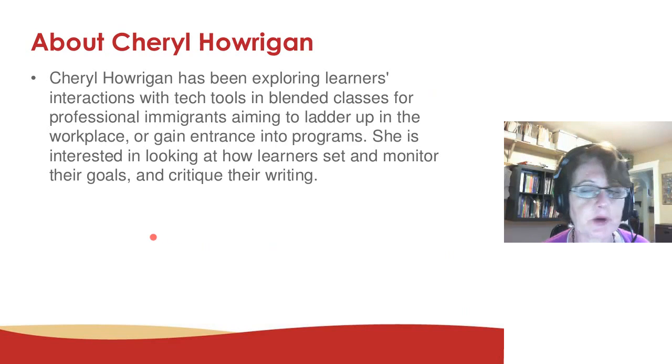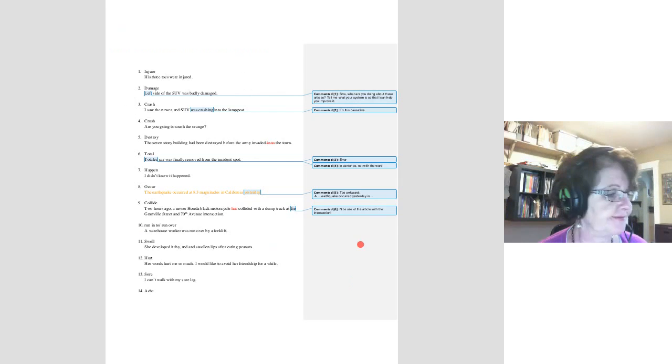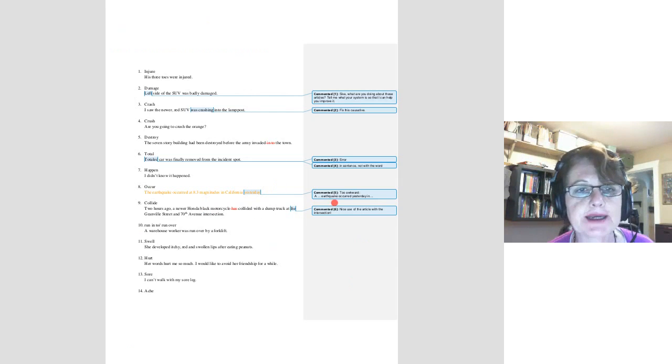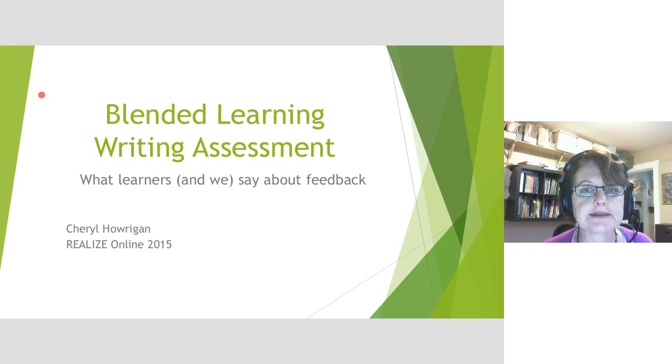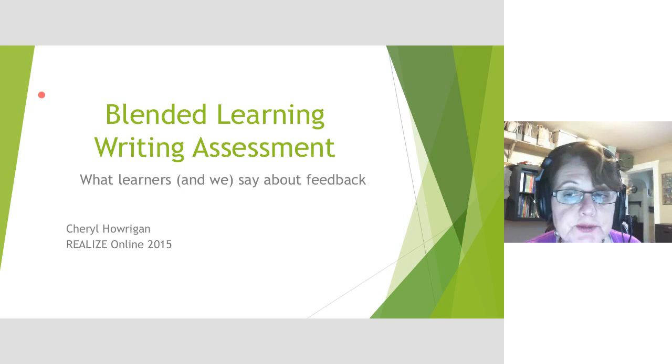So obviously, we're going to look at what students said about how they receive feedback, the mechanisms for feedback, and also the instructor's preference and how those matched or didn't match.